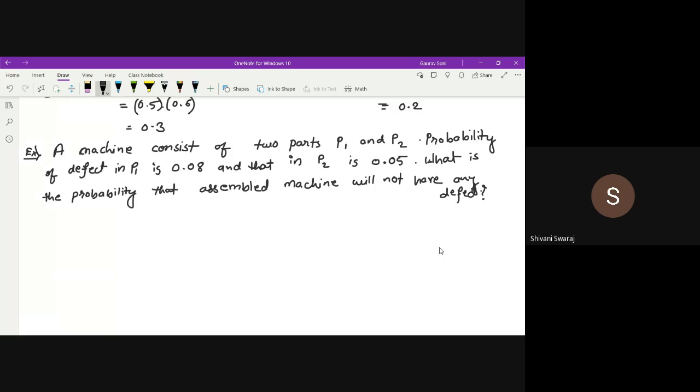You need to define the event first of all. What will your event A be? Defect in part 1, and B will be defect in part 2.